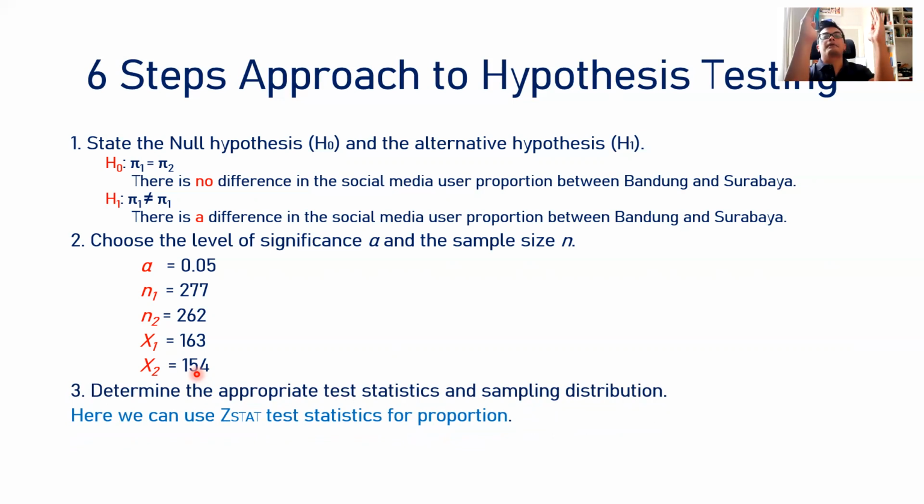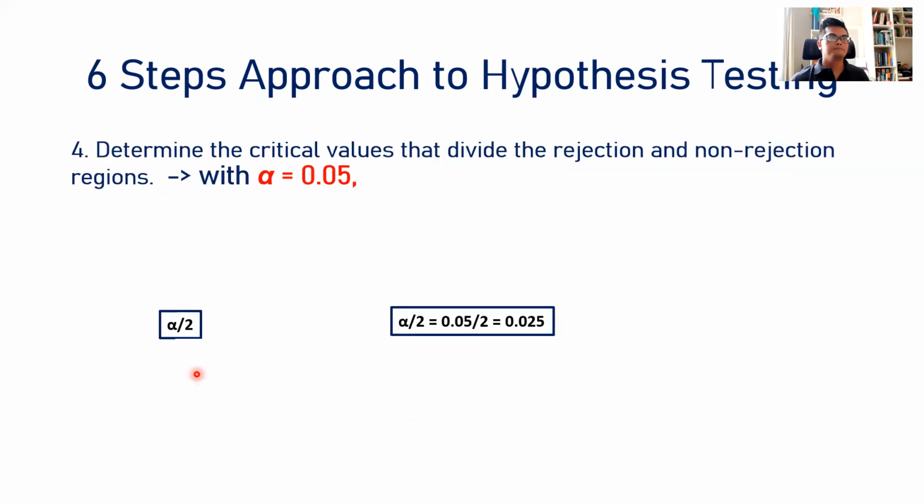determining the critical points which divide the region of non-rejection and the region of rejection. We have a significance level of 0.05. Since the hypothesis is about similarity, we divide the significance level in two directions because it's a two-tailed test.